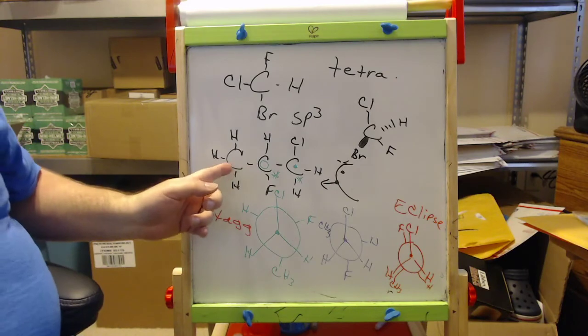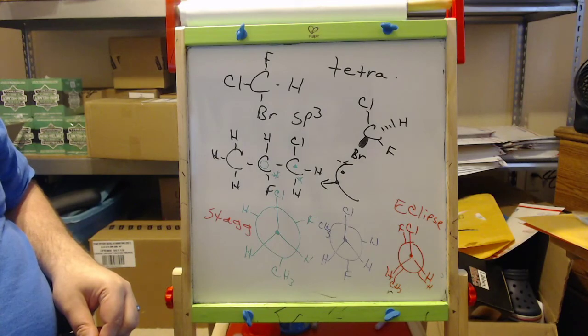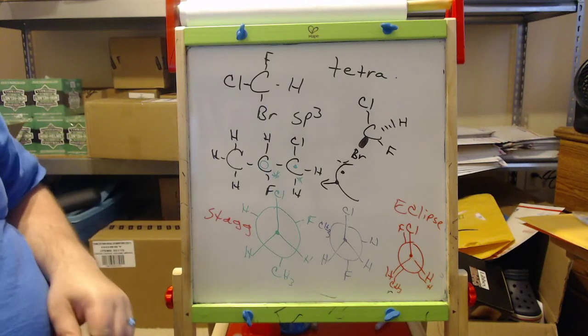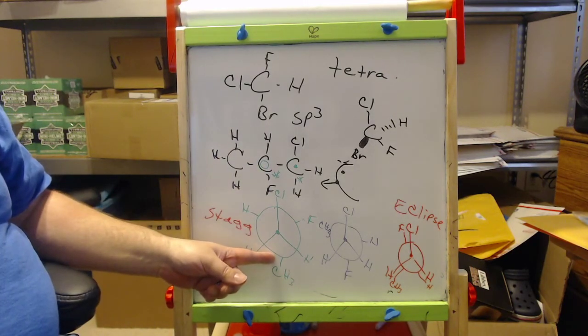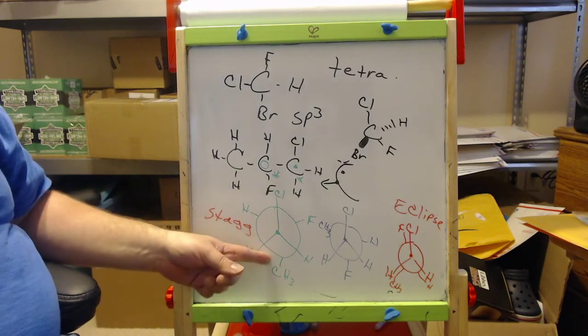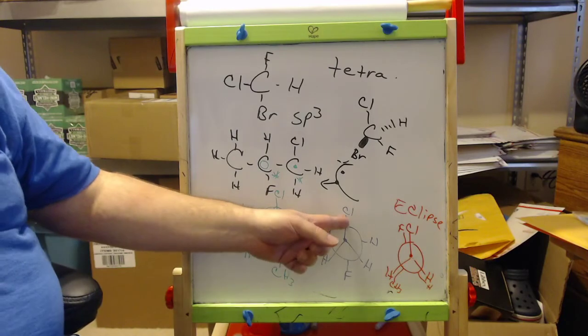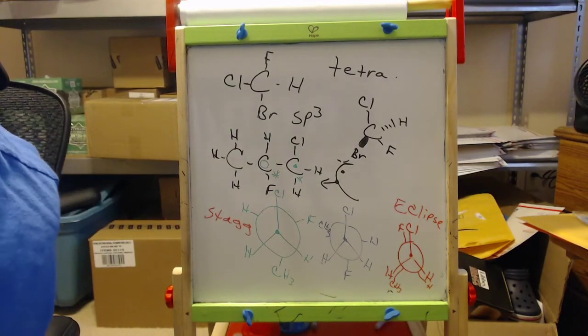If we were naming this, of course, this is propane. 1-chloro-2-fluoropropane. This one would be gauche 1-chloro-2-fluoropropane, and this would be anti 1-chloro-2-fluoropropane.